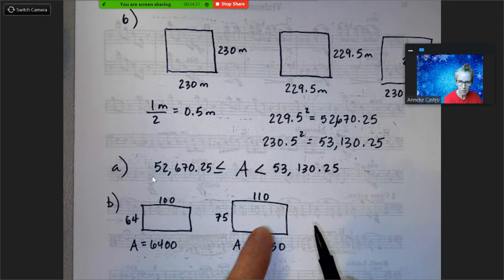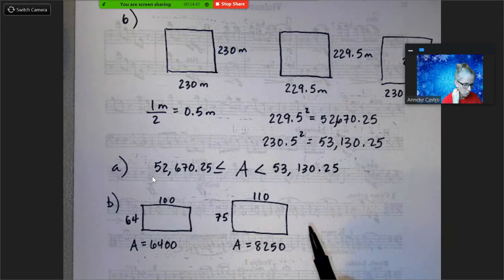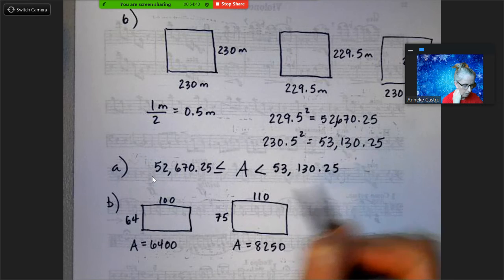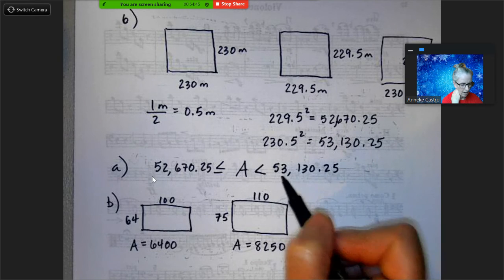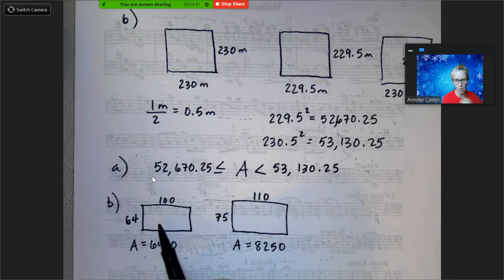That's going to give me the fewest number of football pitches. The most number of football pitches would be if I took the biggest value for the area of the pyramid and divided it by the littlest football pitches.